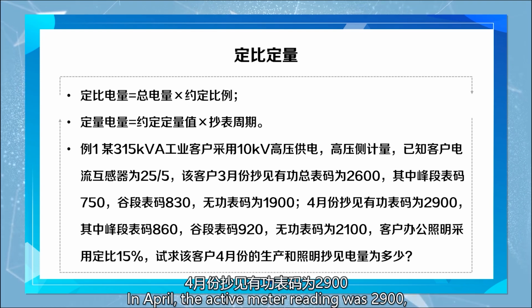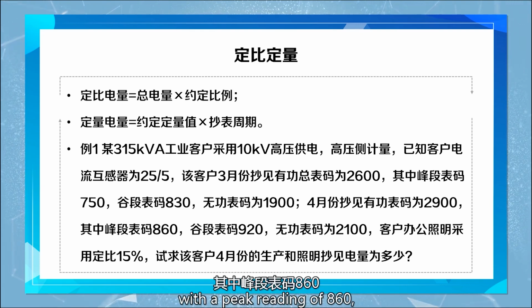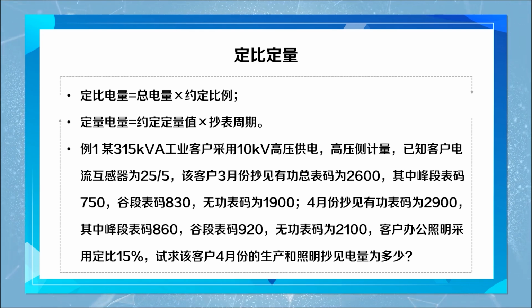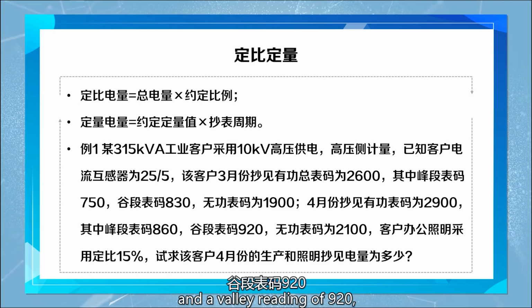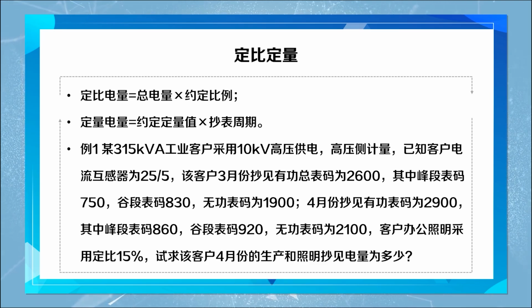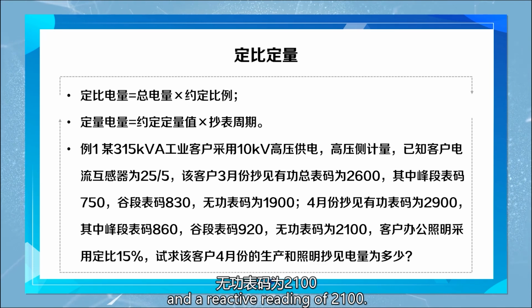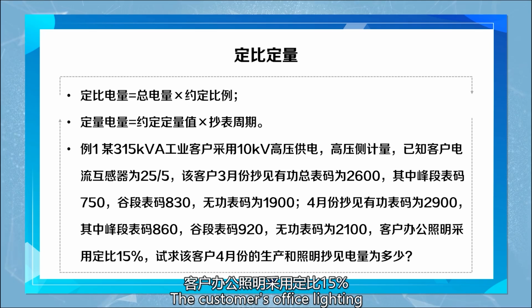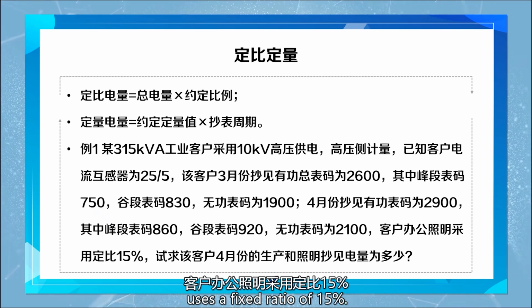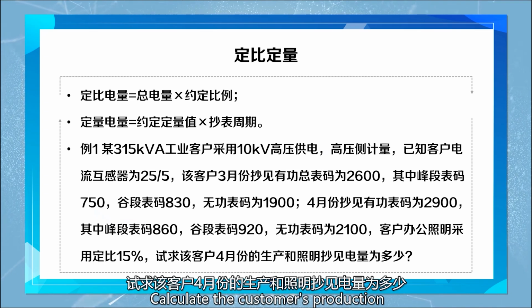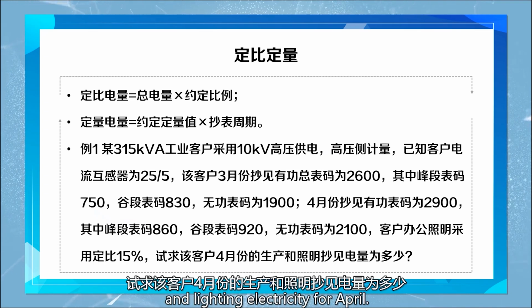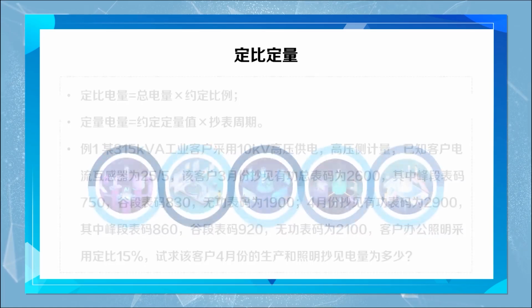In April, the active meter reading was 2,900, with a peak reading of 860 and a valley reading of 920 and a reactive reading of 2,100. The customer's office lighting uses a fixed ratio of 15%. Calculate the customer's production and lighting electricity for April.